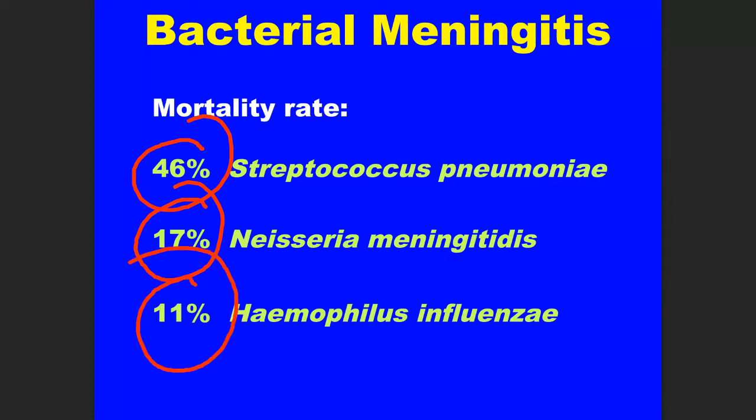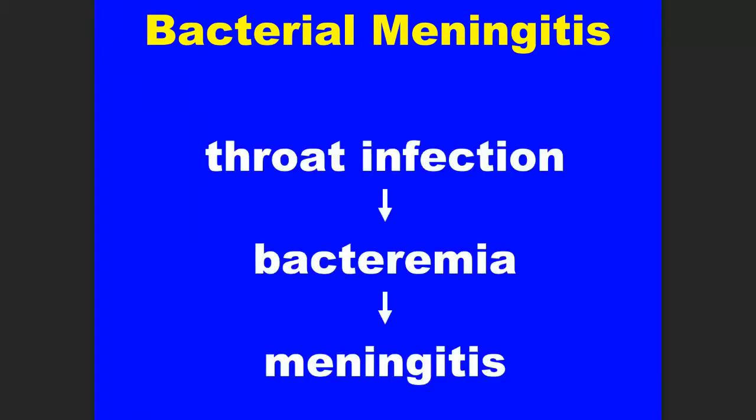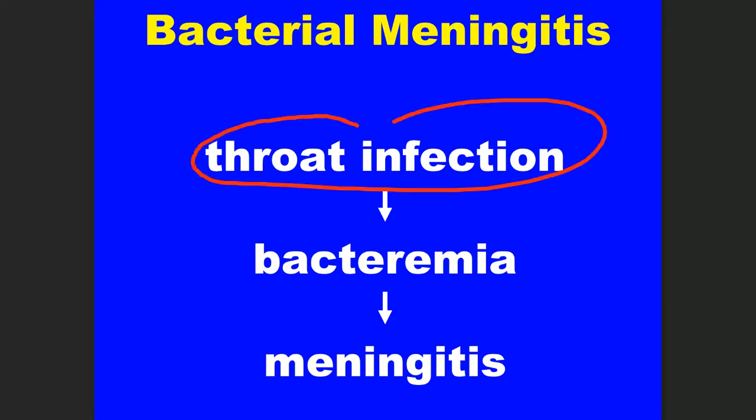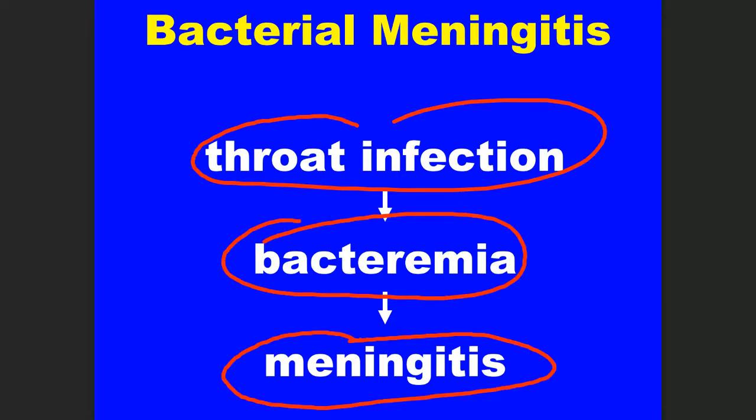So again, Streptococcus pneumoniae is more worrisome than the others. The common theme with all of these forms of meningitis is that it starts off as a throat infection, and then it moves into the blood causing bacteremia, and then the blood carries it to the meninges.